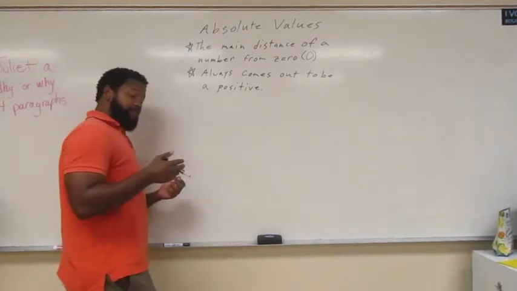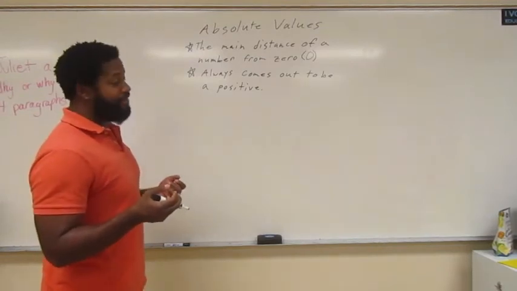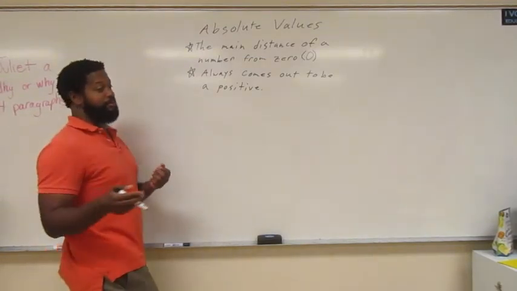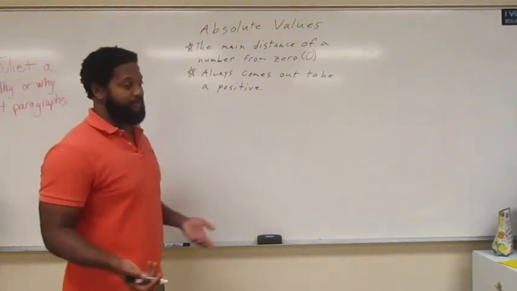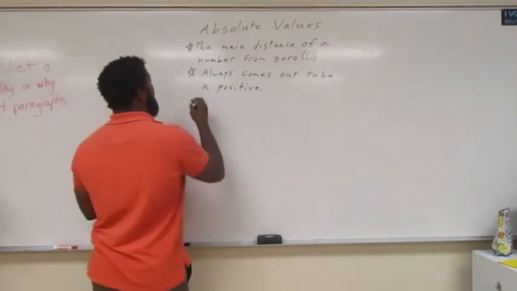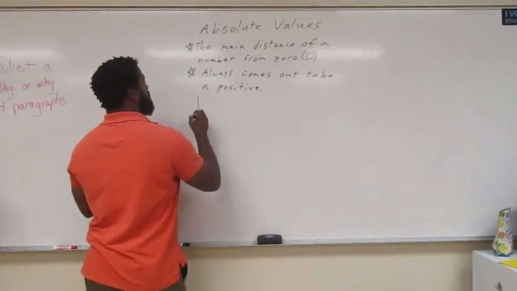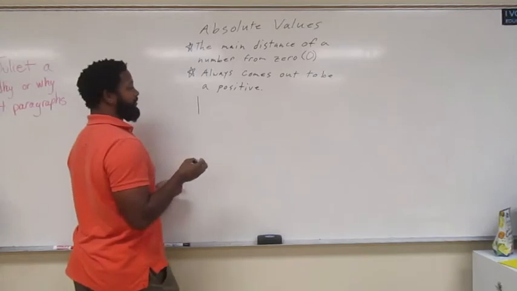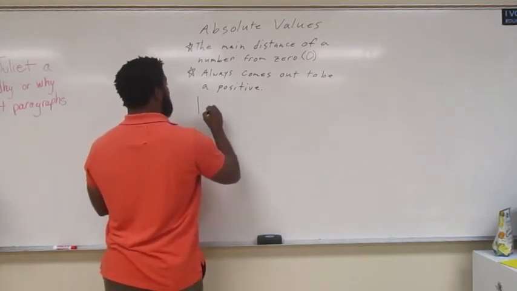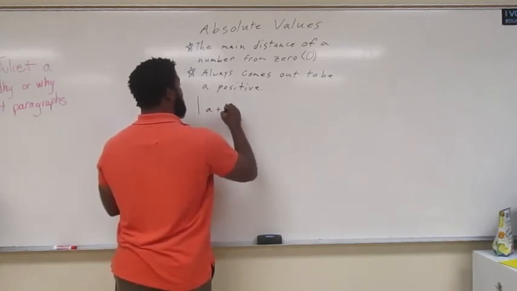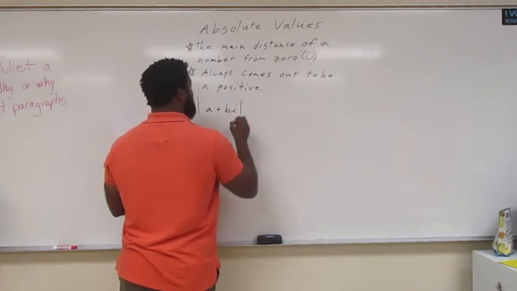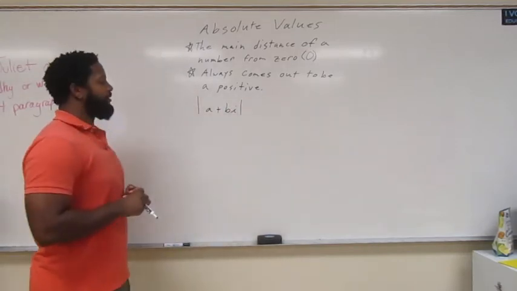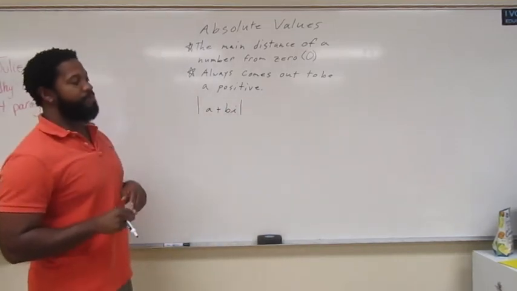And believe it or not, they eventually can. There's a formula for everything nowadays. But the absolute value formula derives from A plus BI. Okay? This is where the absolute value derives from.